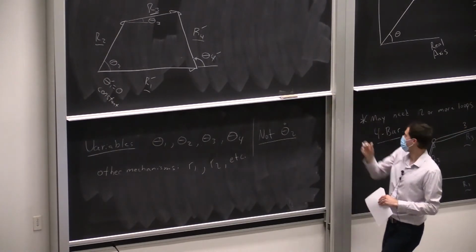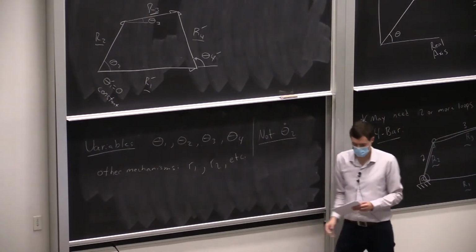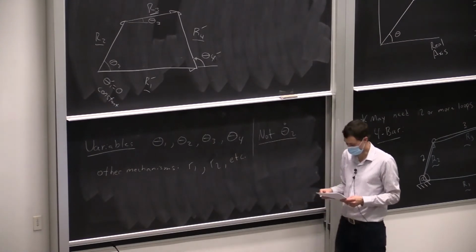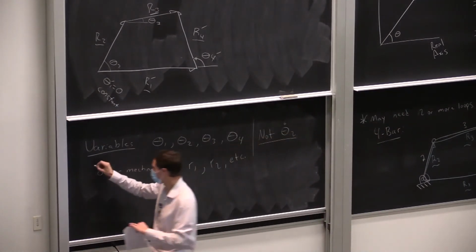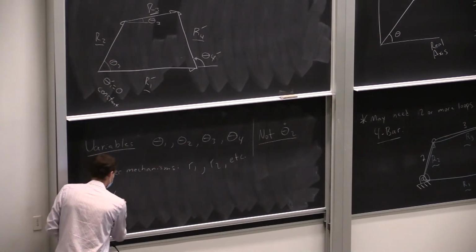This one, all of the lengths are constant, right? They're attached to solid links. So for this particular mechanism, our lengths, lowercase r, are not going to be variables that are changing. For example, in a slider crank, we'd see these. Our variables are going to define the state of the mechanism.